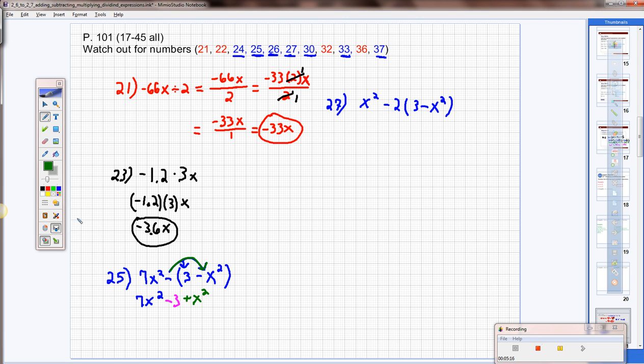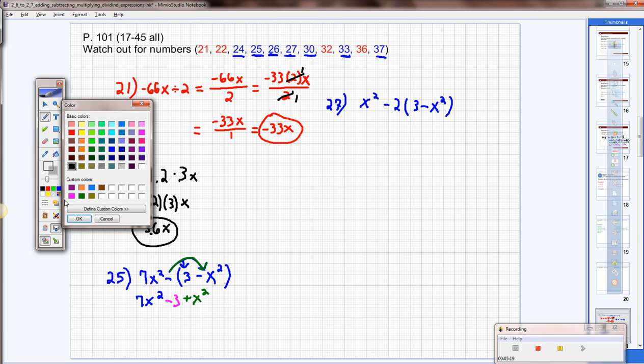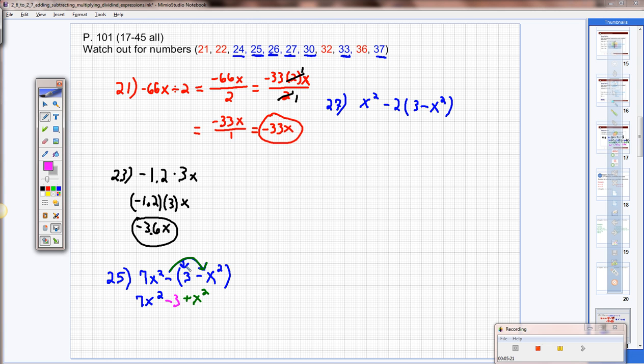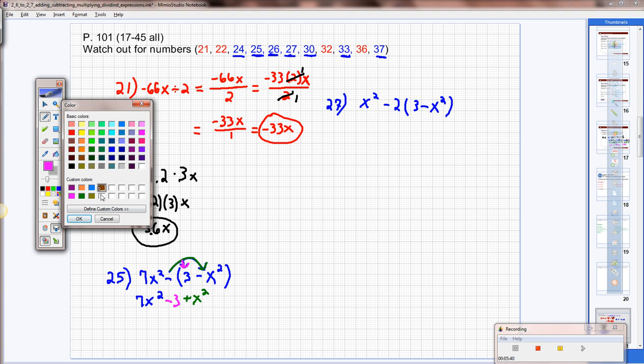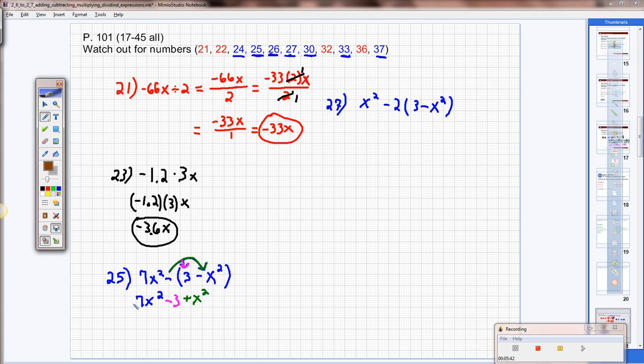Now that we've distributed, and done it well, by the way, with color, hopefully you can see right there, we distributed that negative through, and really that's like saying plus negative 1, and that's why we're allowed to do that, but that's for a different discussion. Now I need to combine like terms. So the like terms in this particular expression, we've got 7x squared, and then we've got plus x squared.